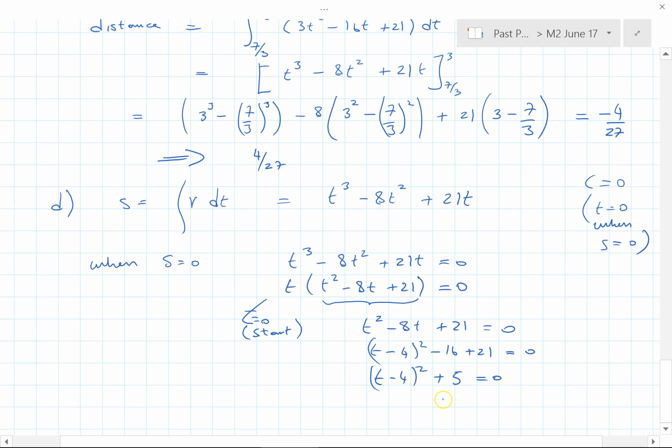That's got no solutions. Thinking about it, I might restate this a little bit: (t minus 4) squared plus 5 is never equal to 0, it's greater than 0. So it never goes back to the origin.